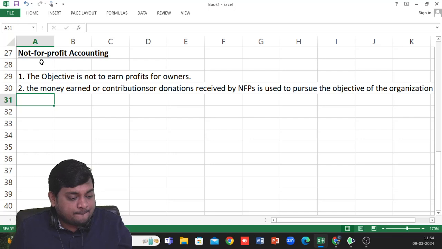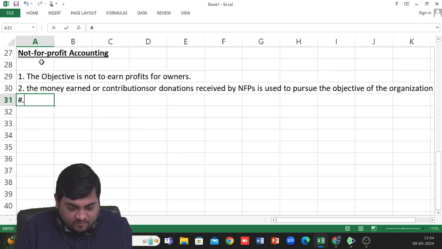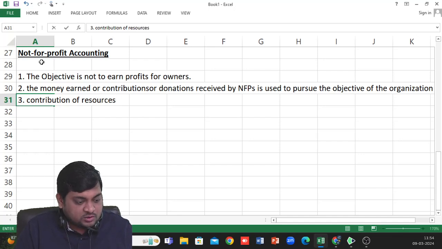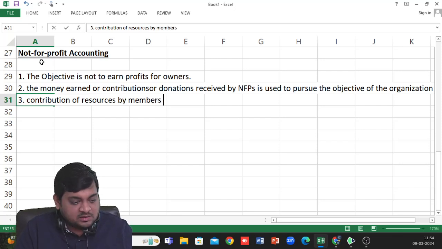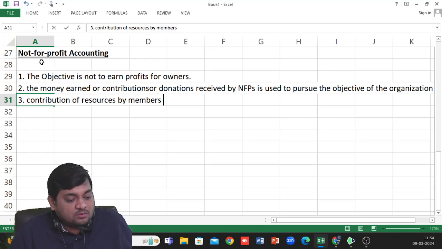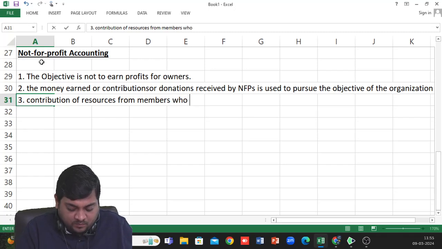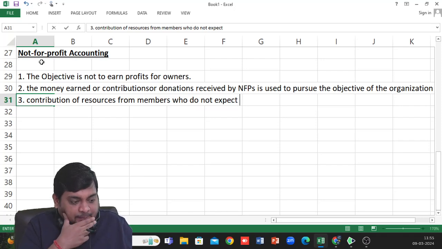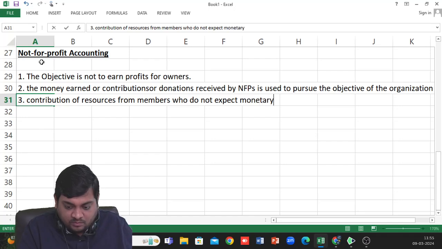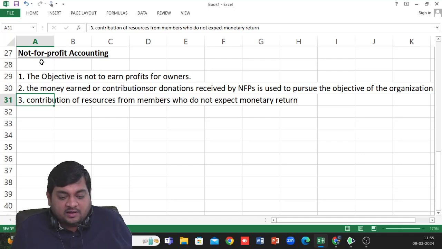So basically, contribution of resources by members who do not expect monetary return, right.